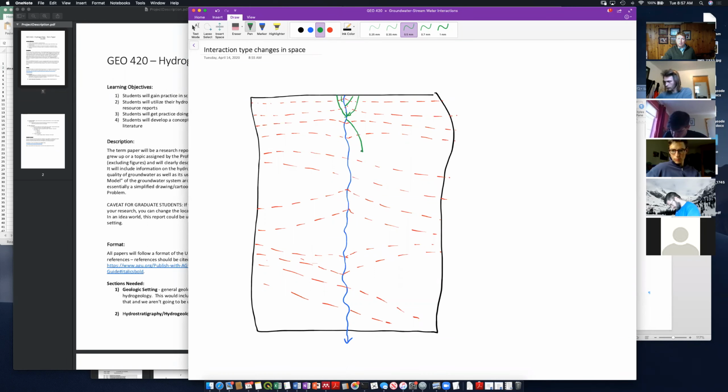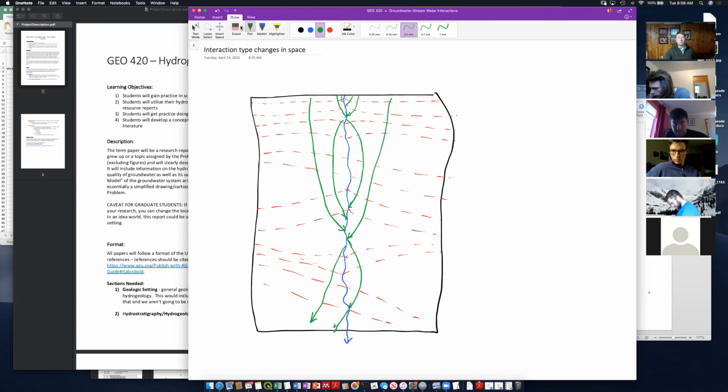These ones would be losing, gaining, losing, gaining, losing, flow through, losing, gone. Maybe this one just comes in, intersects the river, and leaves again.